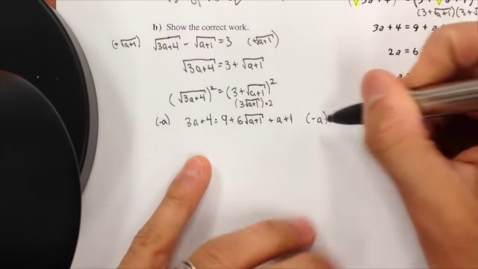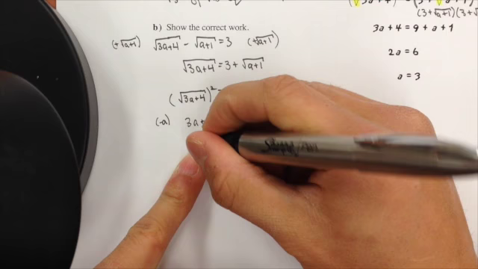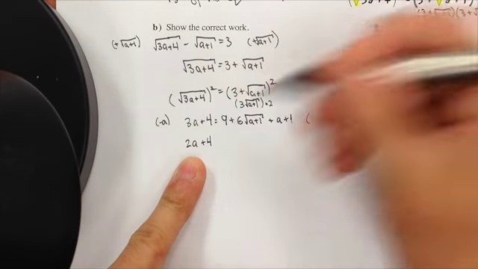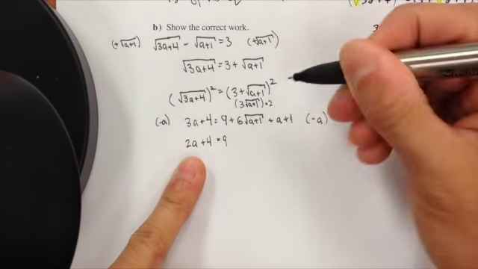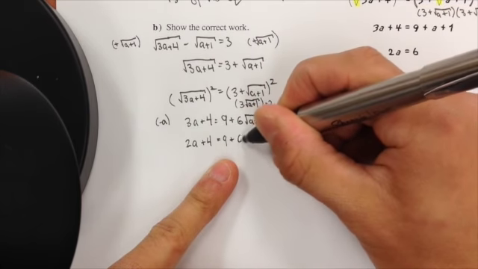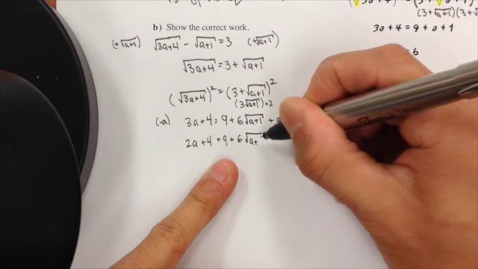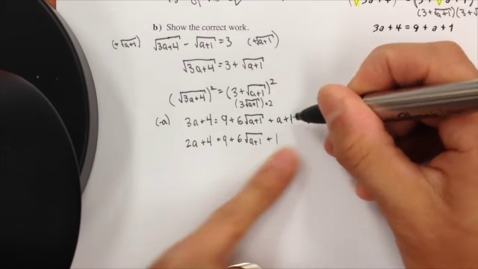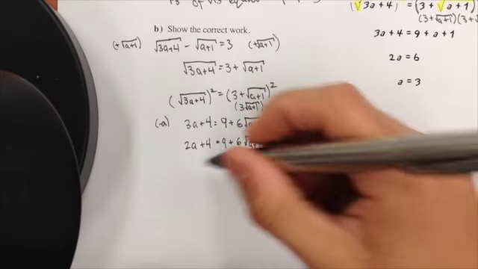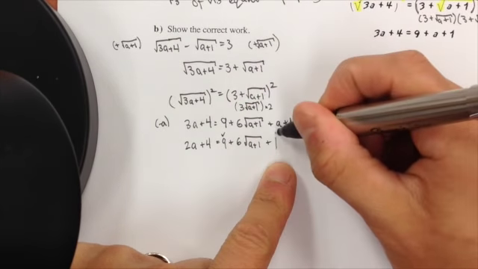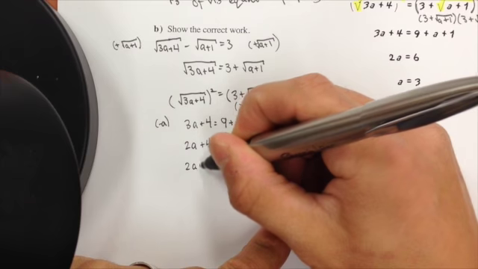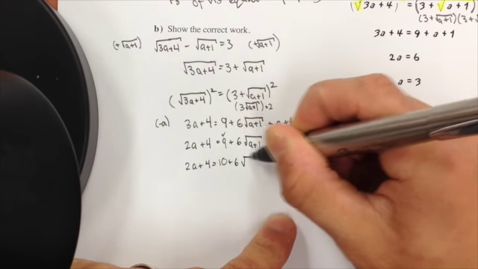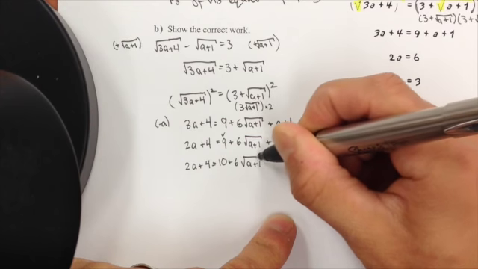So if I subtract a from here, I'll be left with 2a plus 4 is equal to 9 plus 6 root a plus 1, plus 1, right? Now, I can gather my like terms here and here, so then I have 2a plus 4 is equal to 10 plus 6 root a plus 1.